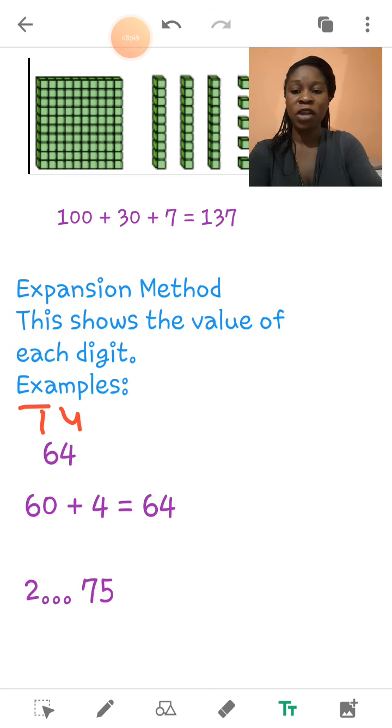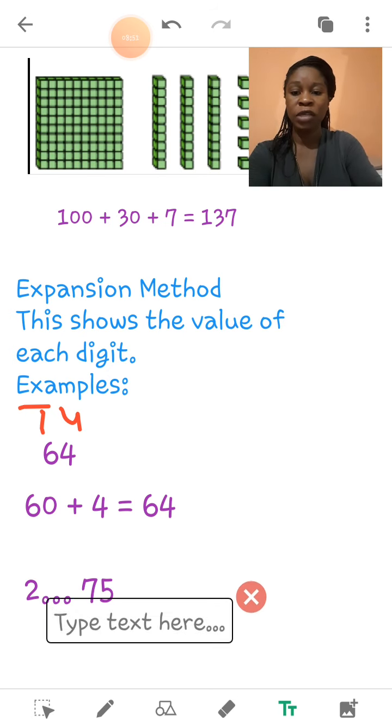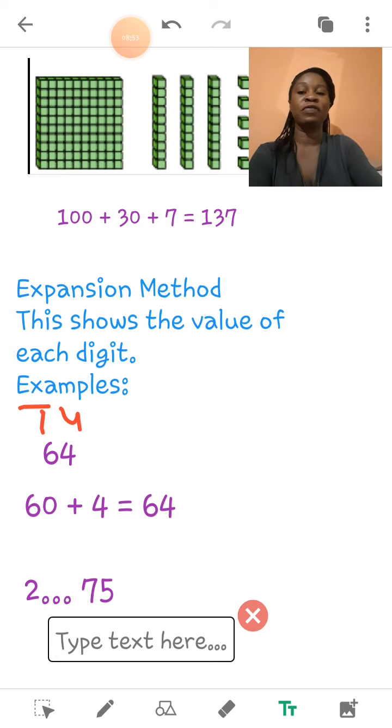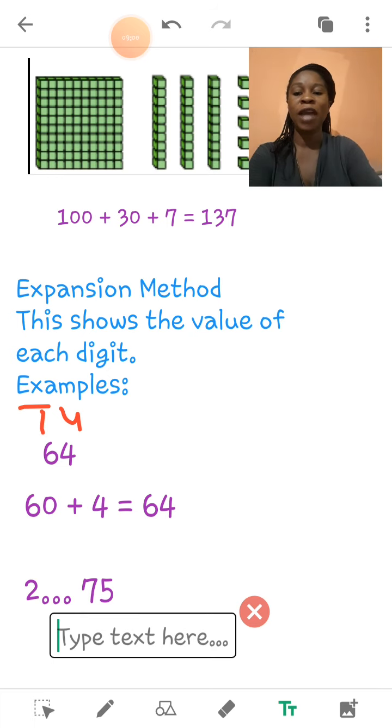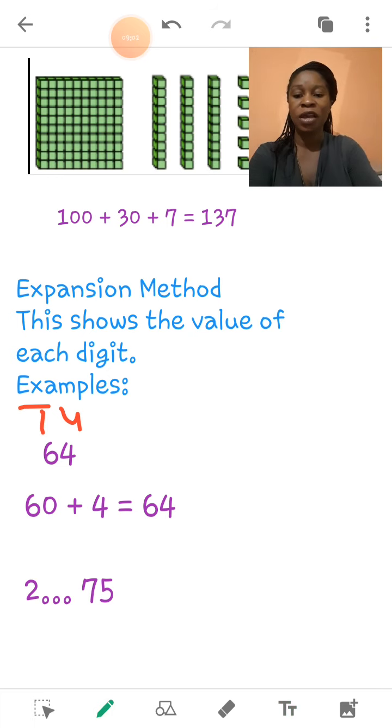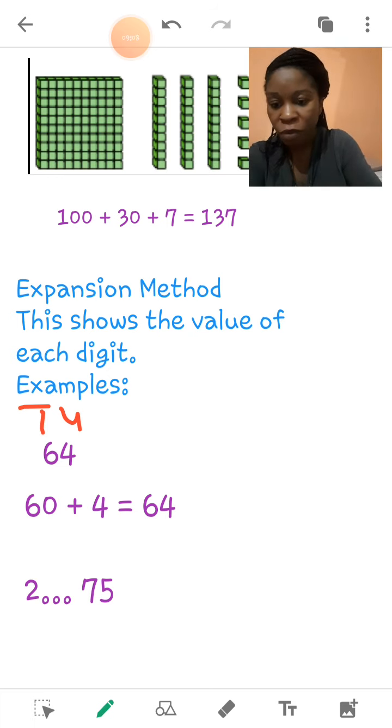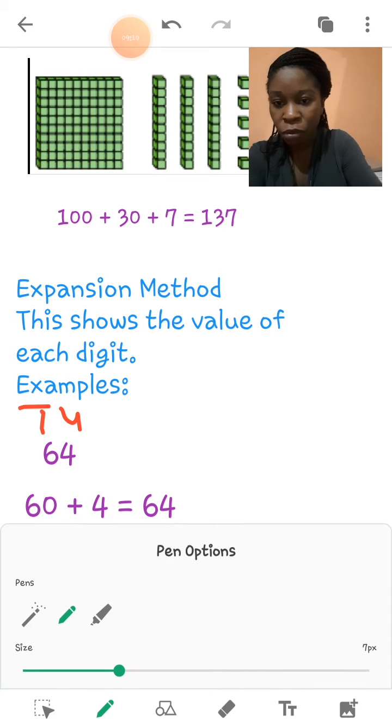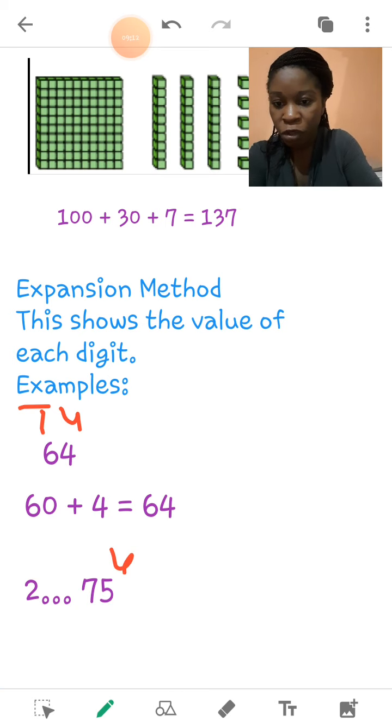Now, the expansion method, I've done the first one. Now, let's do the second one together. The question says 75. Expand 75. What do we do? The first thing to write is to identify what is 7. And remember, when we are having our unit value, we start from the last number to the right. So this is the unit. And the second one will be tens.